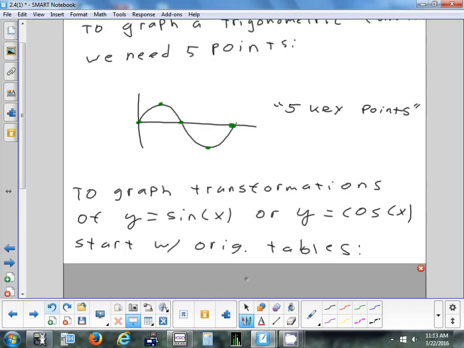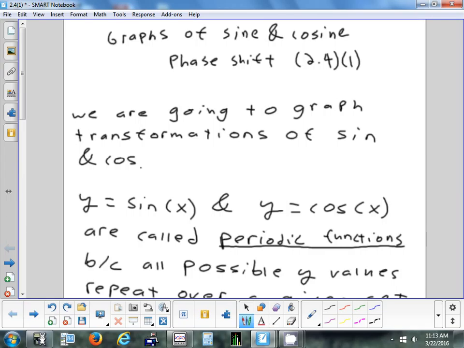All right, so far, all the information I'm giving you is just general information about periodic functions. In a second, we're going to start talking specifically about one transformation that we're going to do this week, and that's phase shift.